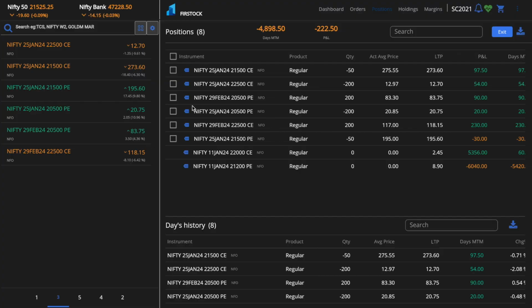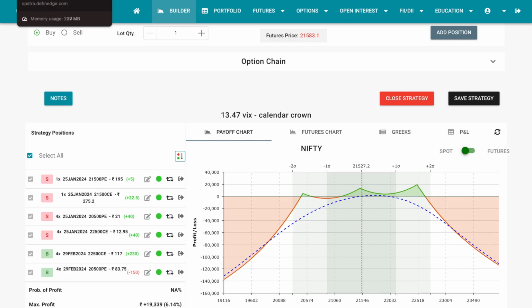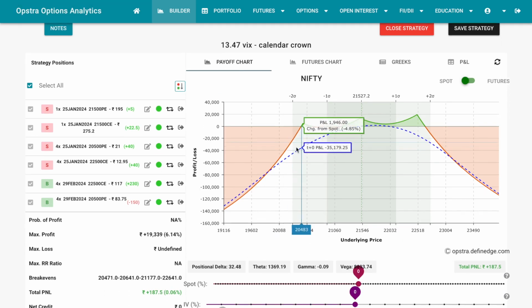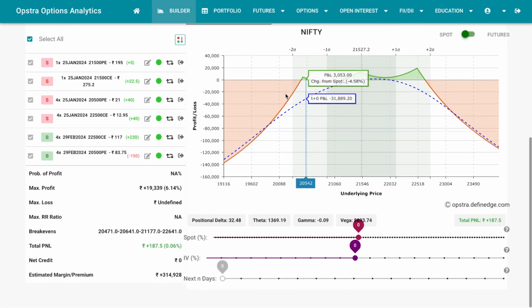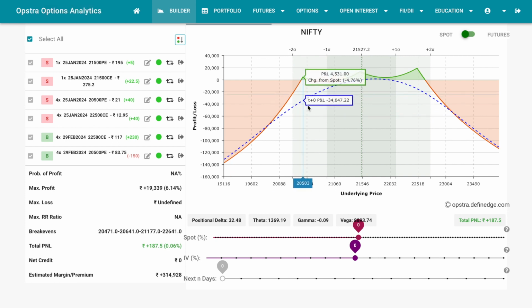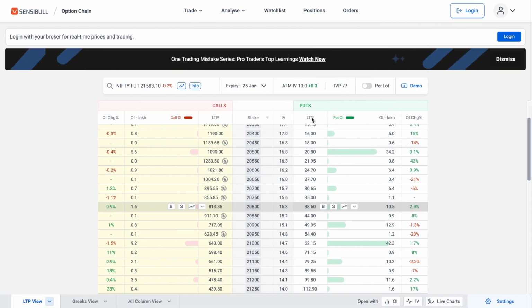So what we can do is basically just go ahead and sell some 20,500 PE, or we can do some put collar as well here at 20,500. So here there is some peak at 20,500, and how to increase that peak is the question.